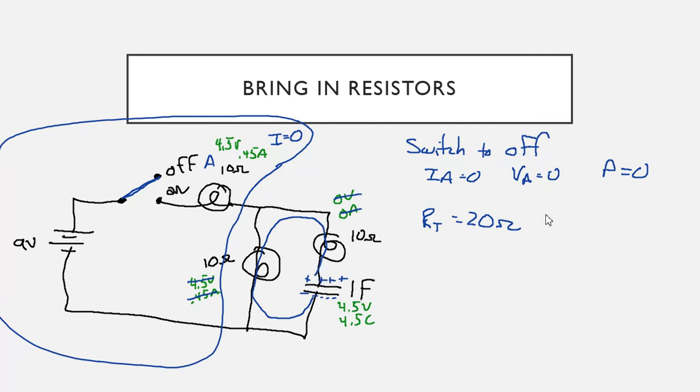I have a voltage of 4.5, so it's going to be 4.5 volts divided by 20 ohms. I'm going to have a total current of 4.5 divided by 20.